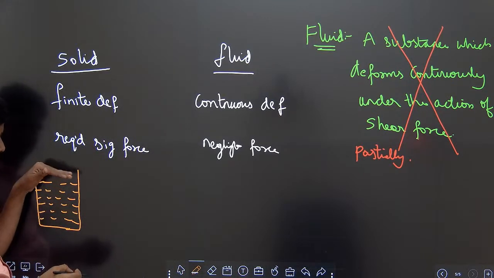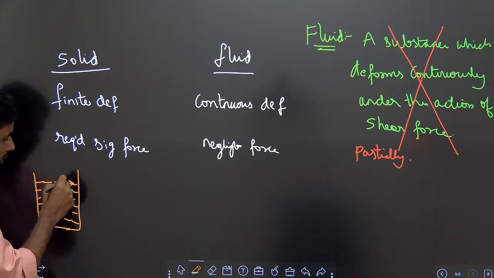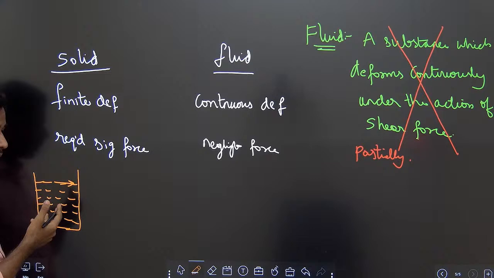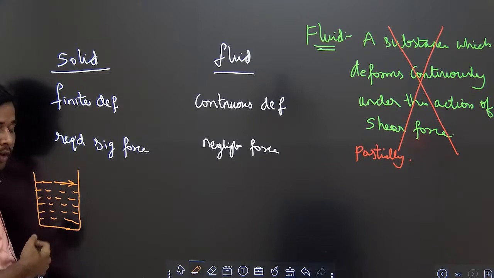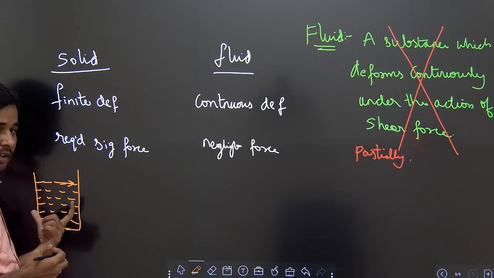Now a little amount of shear force is applied on this water, but water is not getting deformed. Then do we say the water in this glass is not a fluid?